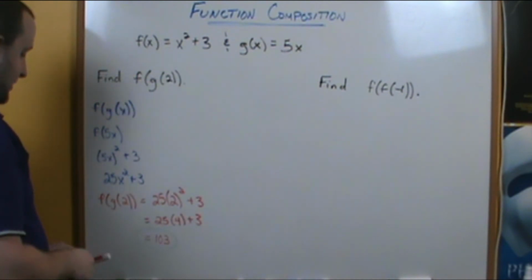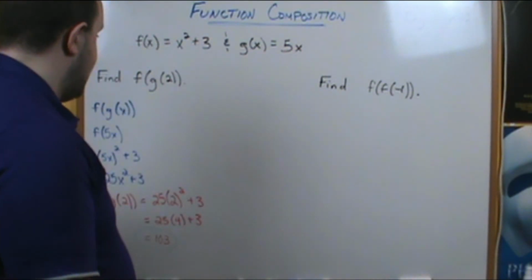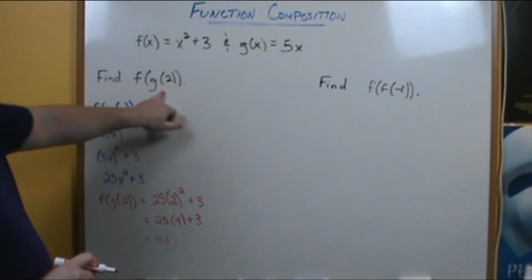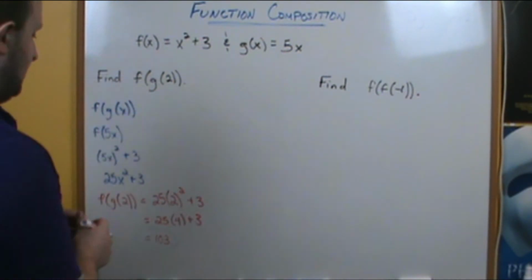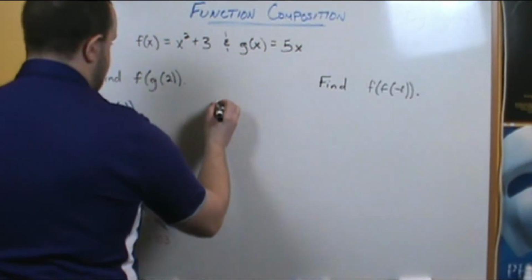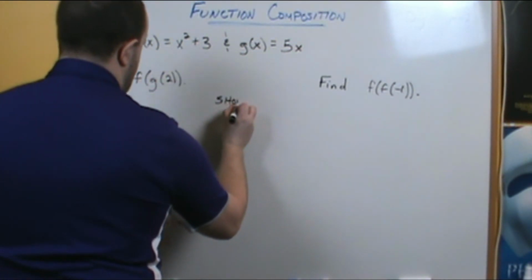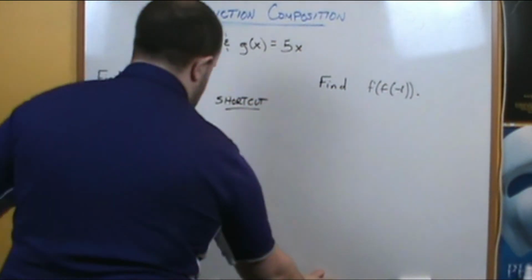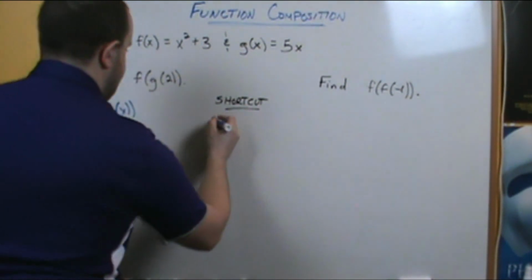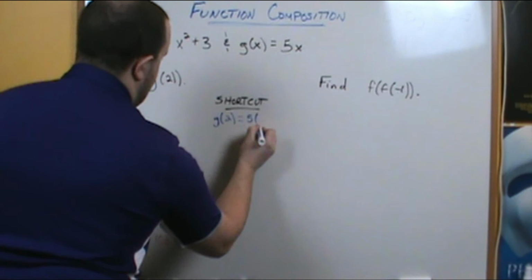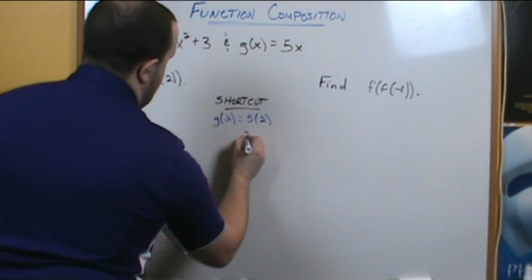Now the shortcut to this is going to be to evaluate the function g of x at 2. I'll write shortcut right here. If we evaluate g at 2, that's going to be 5 times 2, which is 10.